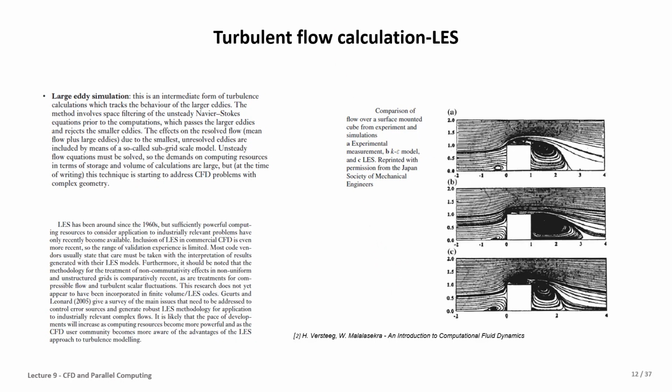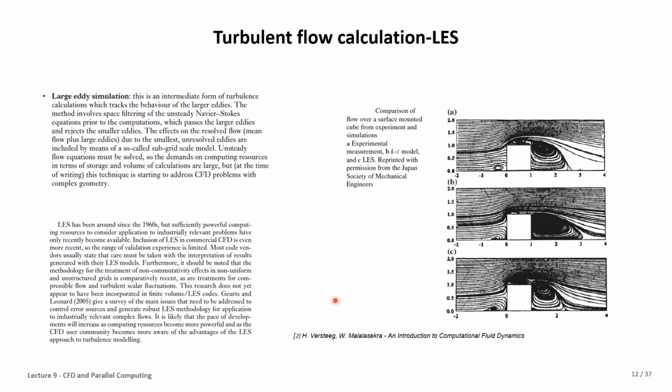The second well-known numerical method for turbulent flow is called LES, Large Eddy Simulation. This is an intermediate form of turbulent calculation which tracks the behavior of the large eddies. The method involves space filtering of the unsteady Navier-Stokes equations prior to the computations, which passes the larger eddies and rejects the smaller eddies.